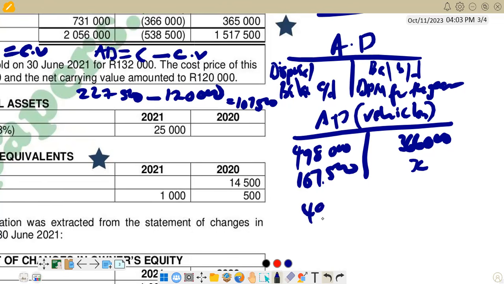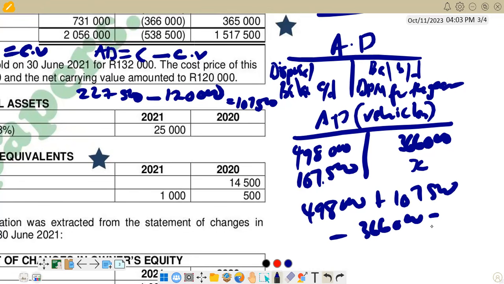So we are going to say 498,000, and then we add 107,500. Then we subtract 366,000. Let's try to calculate that one.